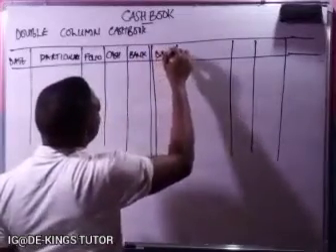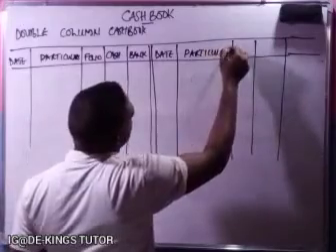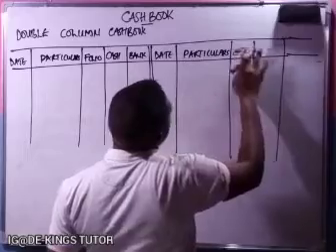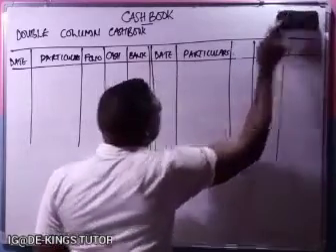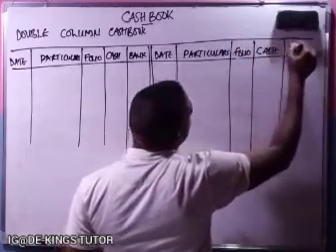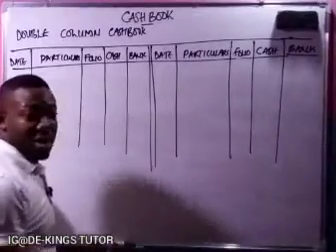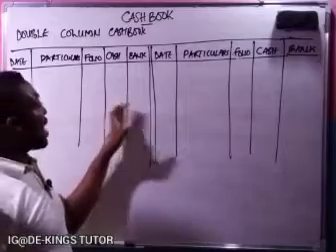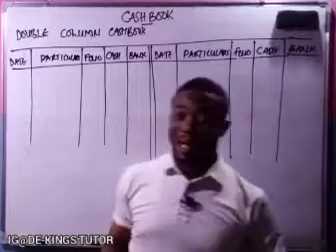This is date, this is particulars, this is folio, this is cash, and this is bank. Okay, so you see in that aspect where we have double column for both the cash and the bank, we call that the double column, or the two-column cash book.